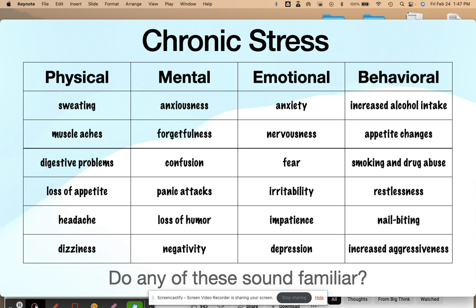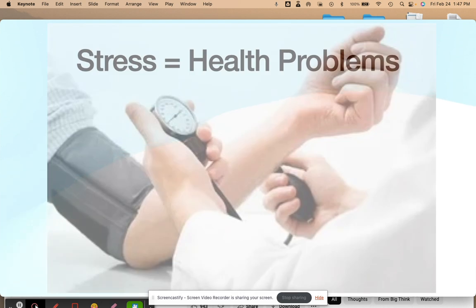But what about the long term effects of chronic stress? Many say, and by many I am specifically referring to those in the medical field, that the leading cause of health problems in our hectic, high-paced society is stress.